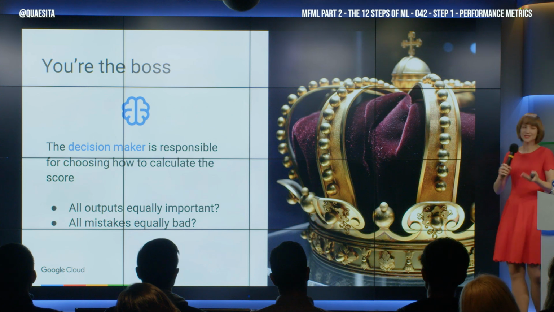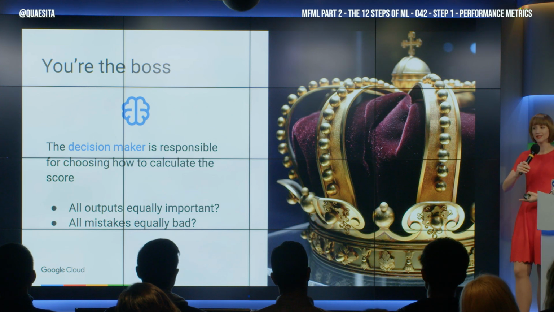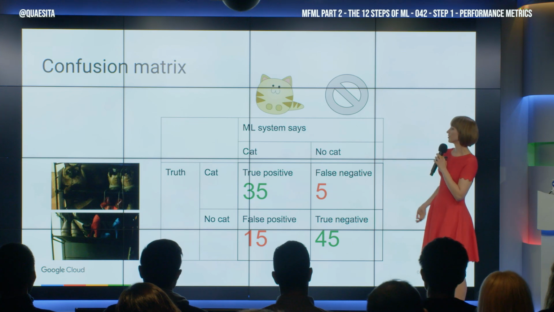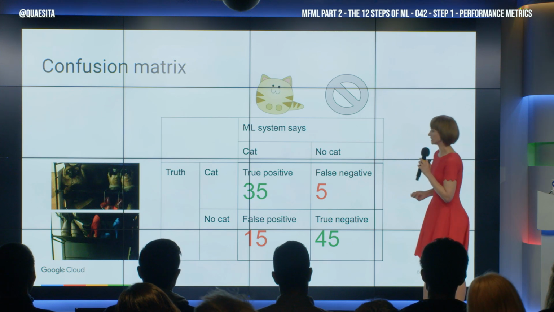And remember how important it is to pick a metric carefully. We looked at that parking lot example. Picking a bad metric can tank your business, or worse. So they are going to ask about the various types of mistakes. They're just going to see which one should get a worse score than which other one. So they're going to imagine that 100 photographs were classified, there were some mistakes.